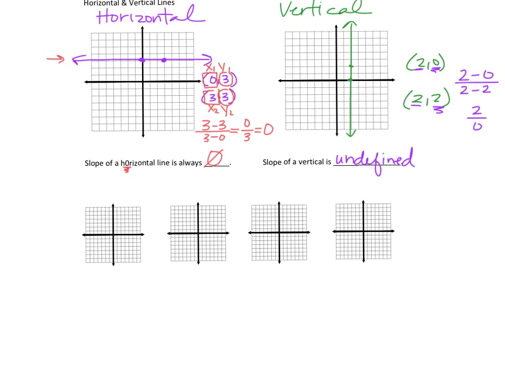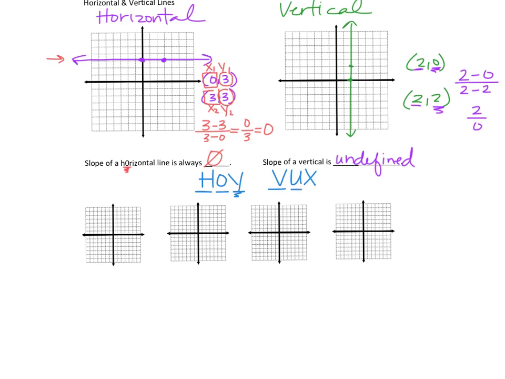I'm going to just show you a little something, maybe some of you know this already. Have you ever heard HOVU? It's a way to remember horizontal and vertical. Horizontal lines have a 0 slope and it's y equals some number.